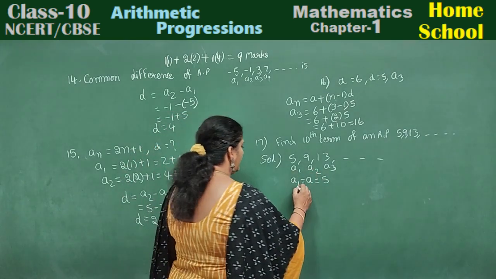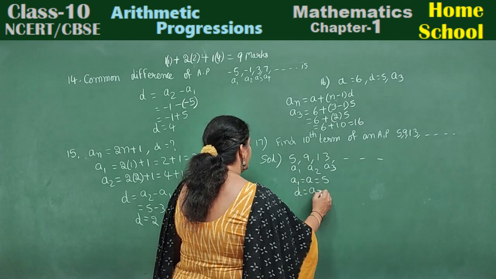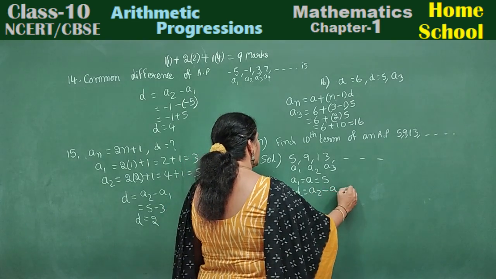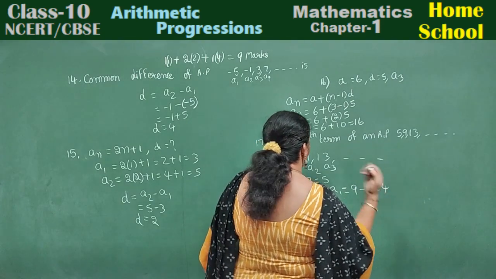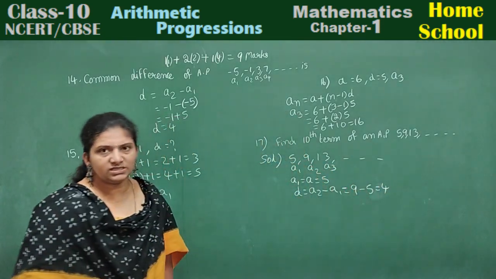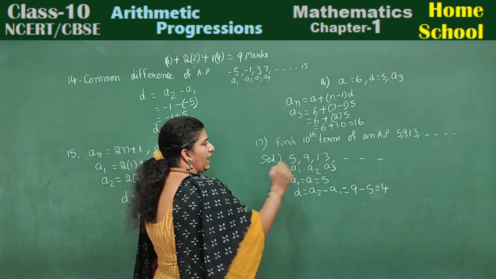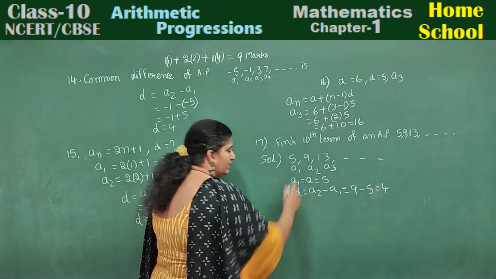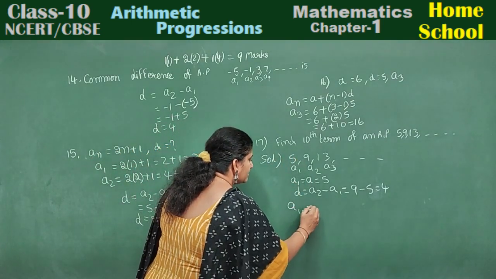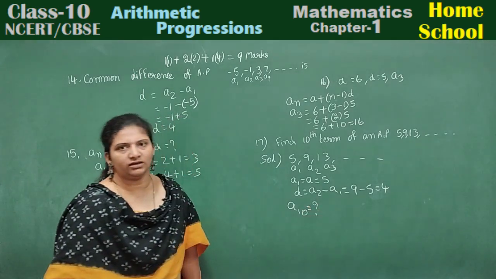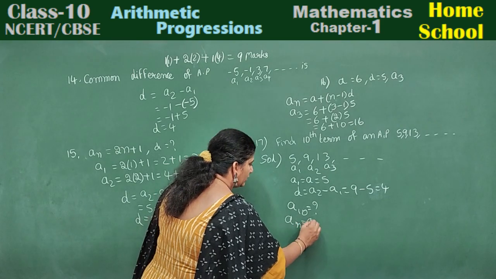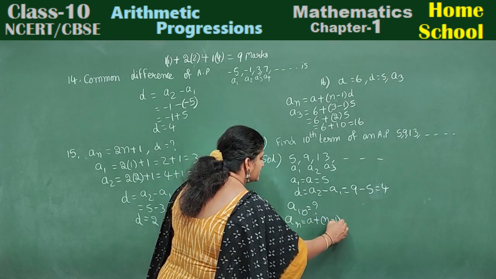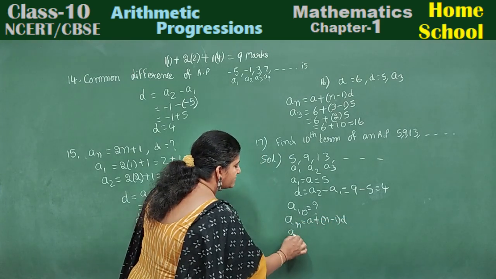Then find the common difference. D is equal to A2 minus A1. A2 value is 9. 9 minus 5 will be 4. Common difference is 4. We need to calculate the 10th term, so A10 is equal to question mark. Take the general term formula: An is equal to A plus (n minus 1) into D. N value is 10.